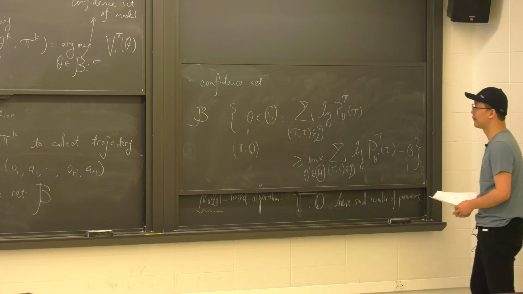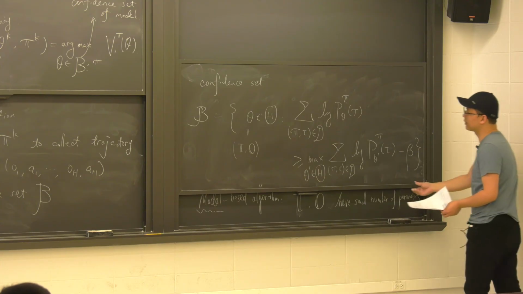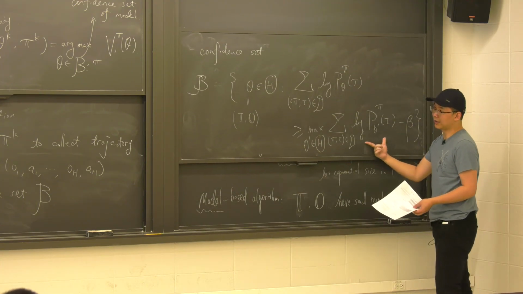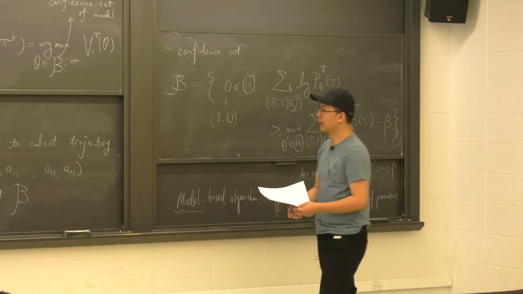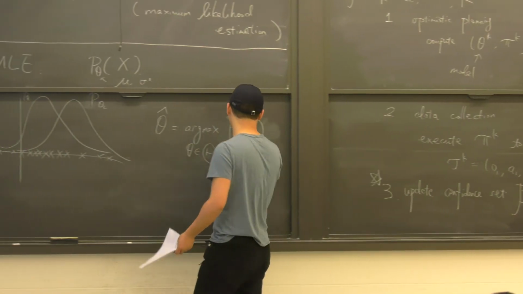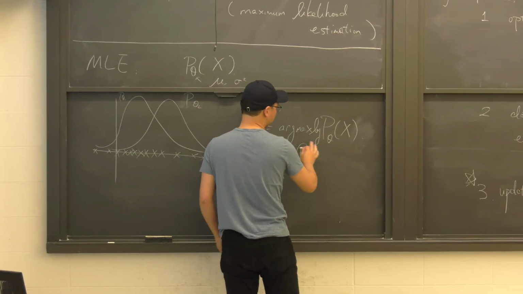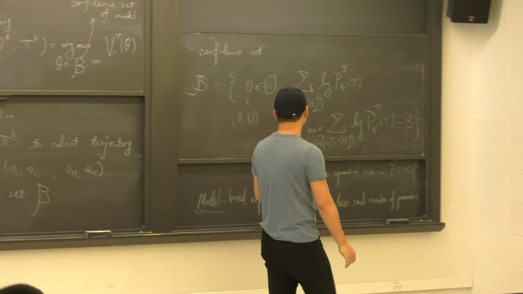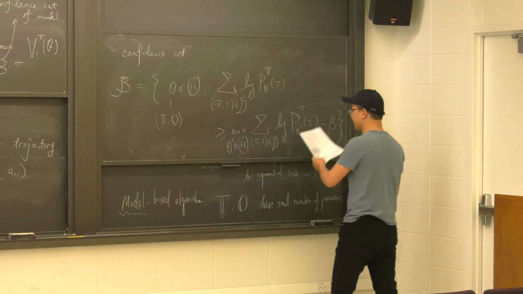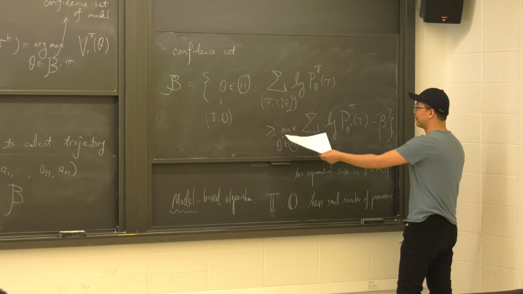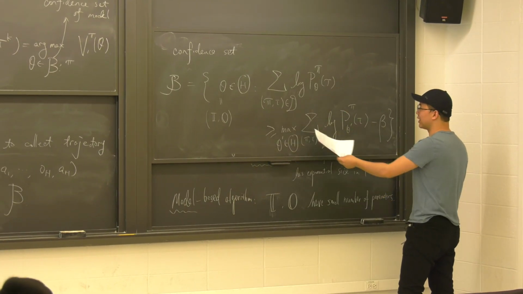Okay. So how are we going to understand this confidence set? Essentially, this is just the maximum likelihood estimation. Here we're saying with the maximum likelihood, we can also maximize the log likelihood. It doesn't matter, it's the same thing. This is essentially finding the parameter that will maximize the likelihood. This just expands how we sum over the data. So the argmax is the MLE estimation.